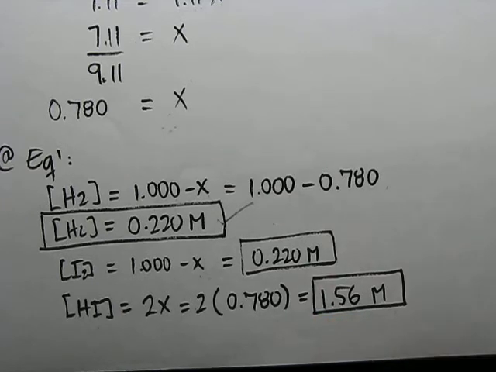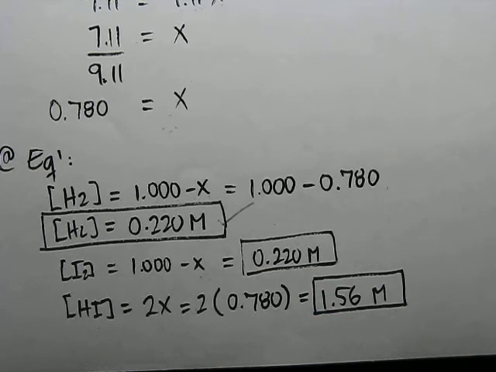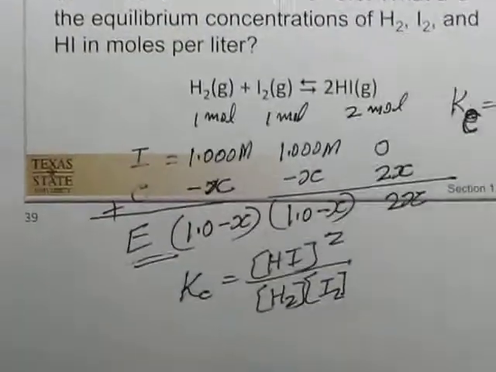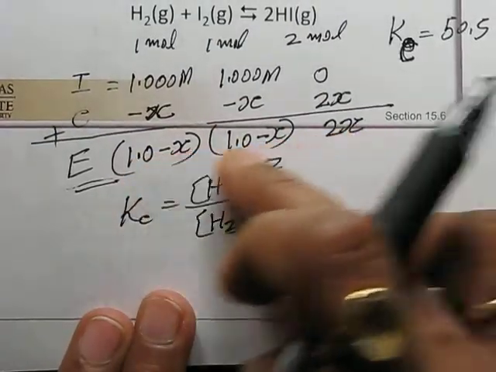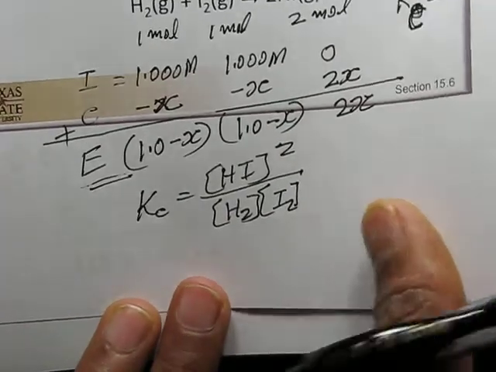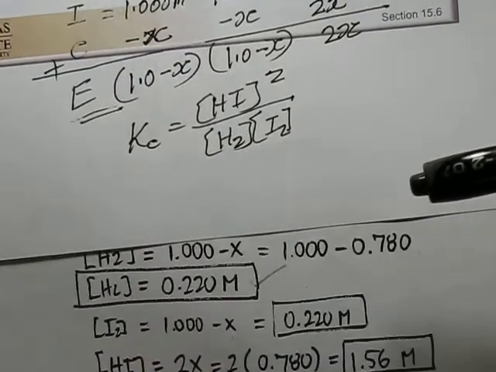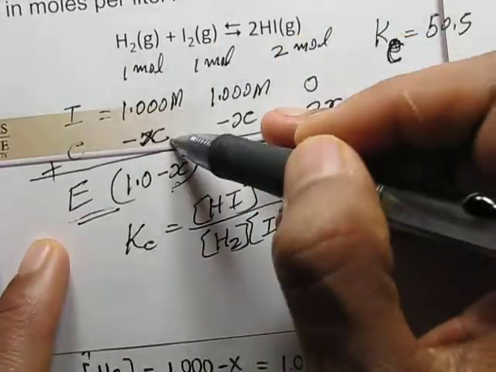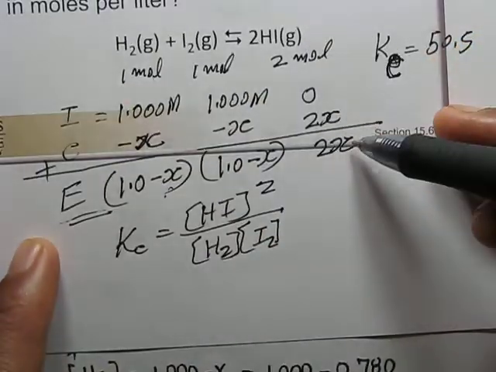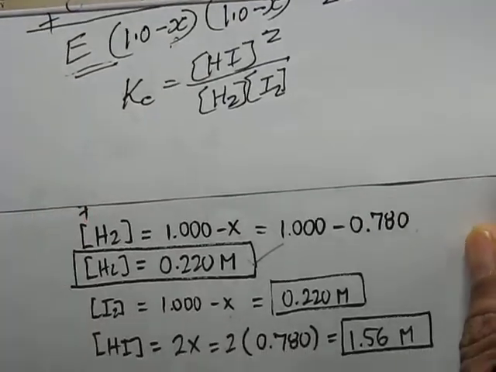And if you remember, I am talking about these values from the equilibrium concentration. So at equilibrium, once you know the x value, you can place it to find the hydrogen concentration, the iodine concentration, and 2x for the HI concentration.